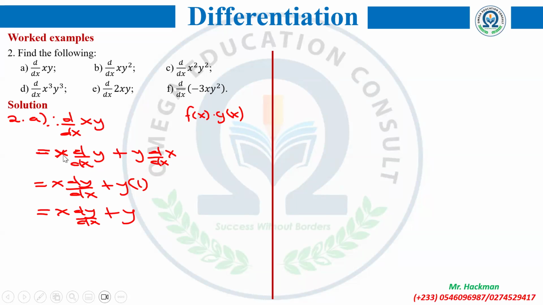So I hold my first function and differentiate my second function, and anytime I'm differentiating, I should know my differential operator. The operator is d dx, so d dx of y, then plus I hold my y and differentiate my first function. Hold the second function, differentiate the first. So it will be y held, d dx of x. This is coming from the application of the product rule, so we didn't do anything special.